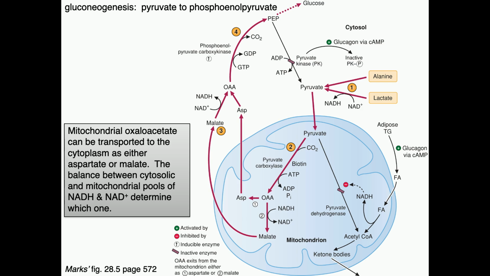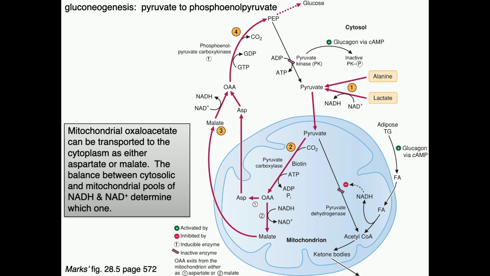The easiest way to think of this is just oxaloacetate is going from the mitochondria into the cytosol. Whether it goes through aspartate or through malate is going to depend on the relative difference in the reducing power between the mitochondria and the cytosol.